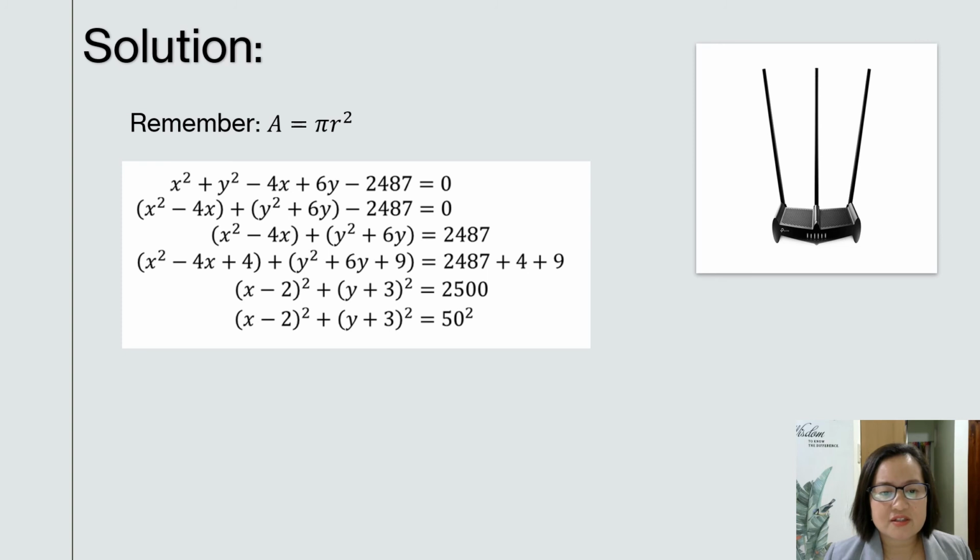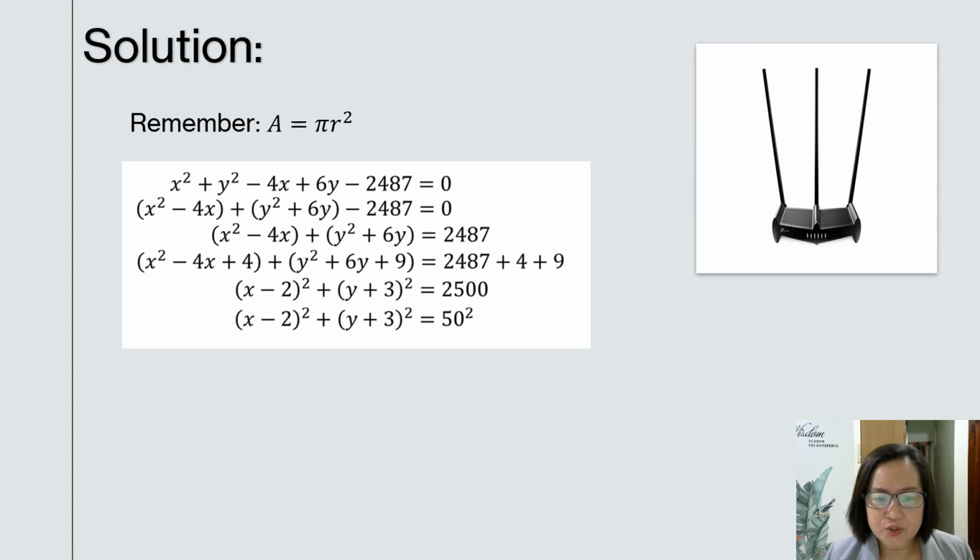So we get the coefficient of the linear term minus 4x. So negative 4 divided by 2 is 2. Square that, we will have 4. So the trinomial will be x squared minus 4x plus 4.